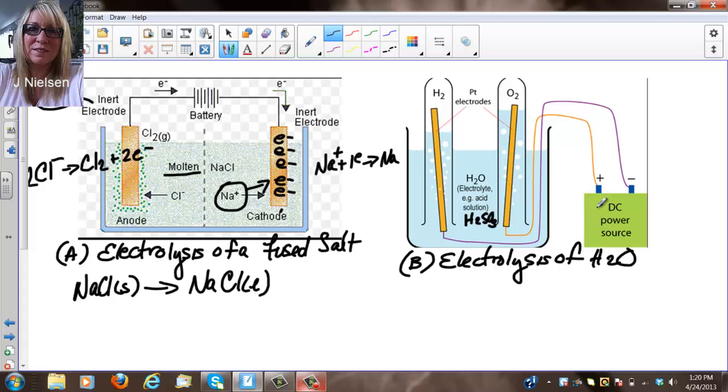And what's going to happen? Well, your negative electrode over here, so this side is your cathode, and this side is your anode. And you've got O2 gas and H2 gas being produced.